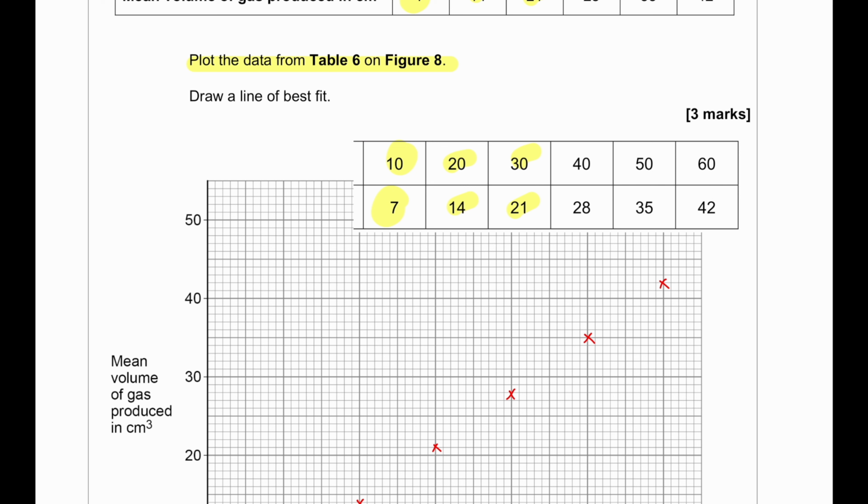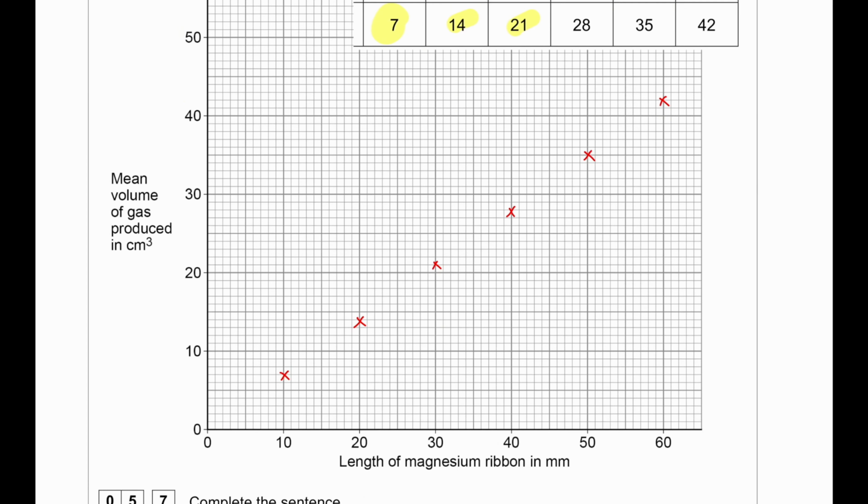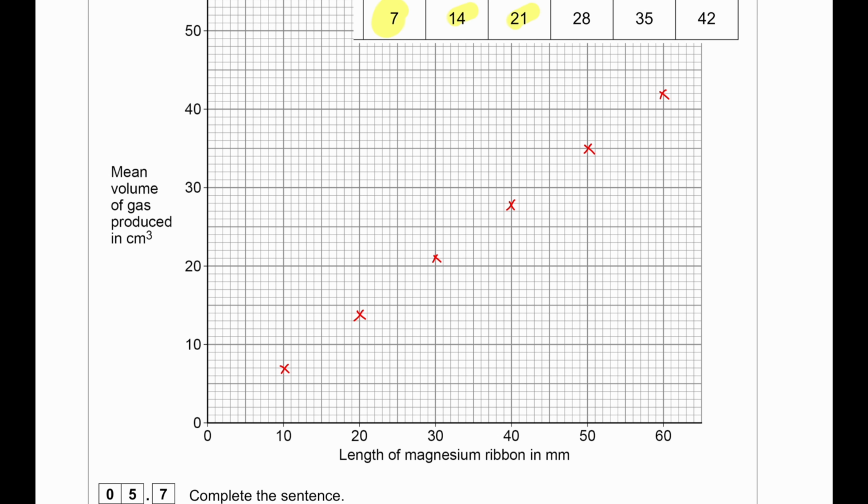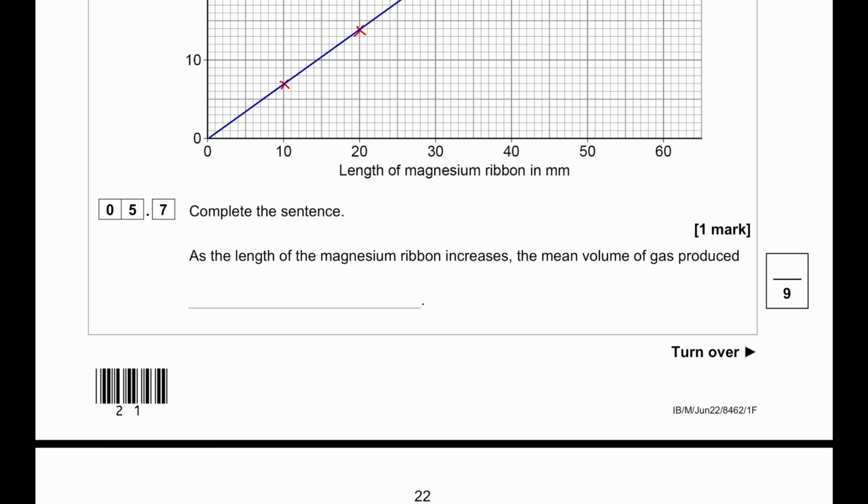And then the question asks us to draw a line of best fit. So, alright guys, as the length of the magnesium ribbon increases, the mean volume of gas produced also increases.